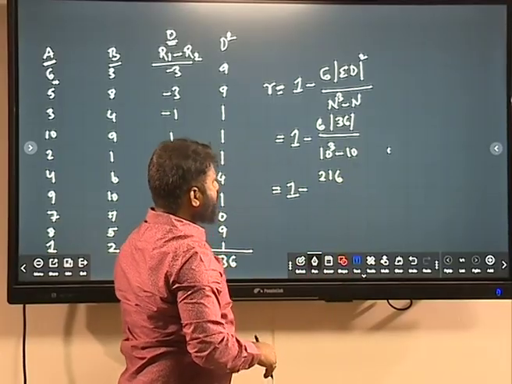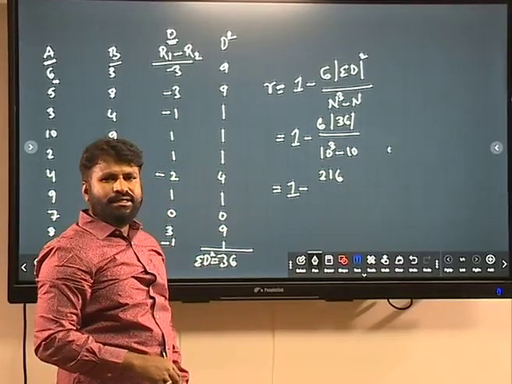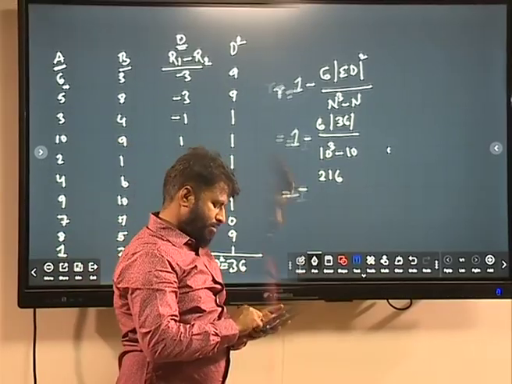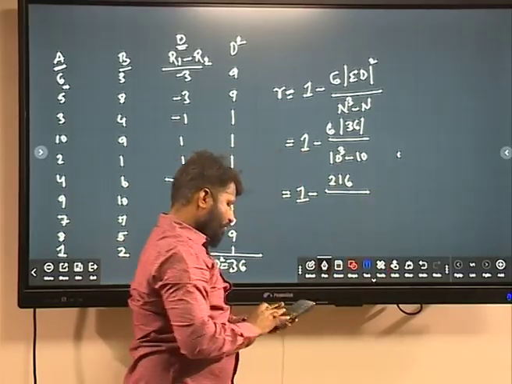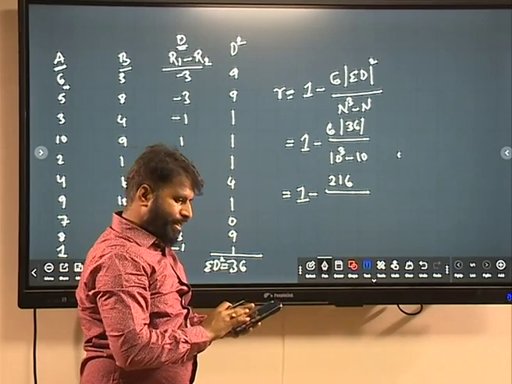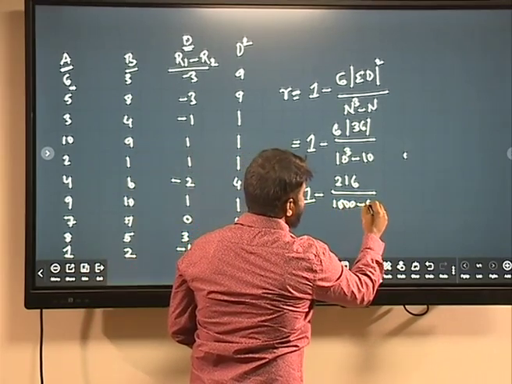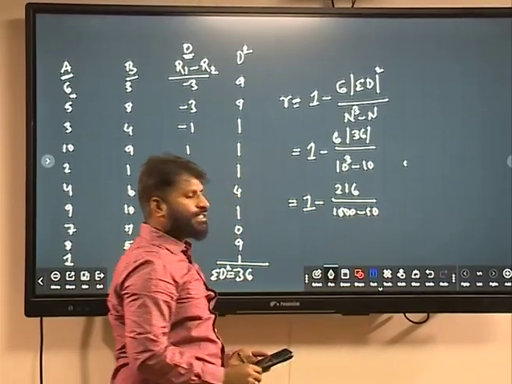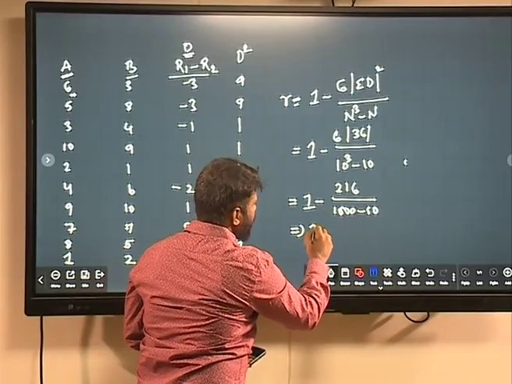So here the next one is 10 cube, 10 into 1000 minus 90. So the next one is 216. After that, 10 cube minus 10, or 1000 minus 10. So that is 990.